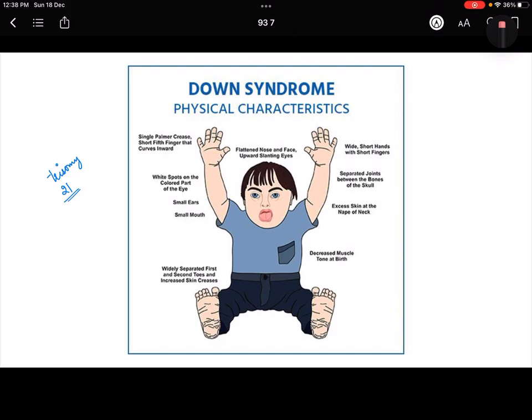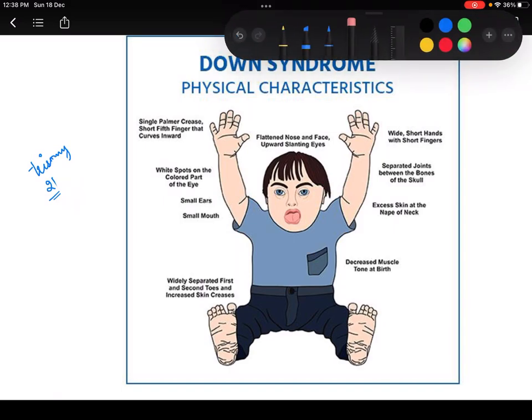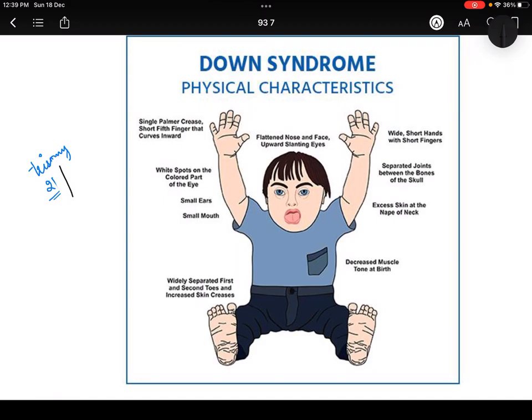Okay, I told you it is called trisomy number 21. It is also called mongoloid idiocy or mongoloid syndrome, because a lot of our history was colonial, and I'm not talking about India but the world.